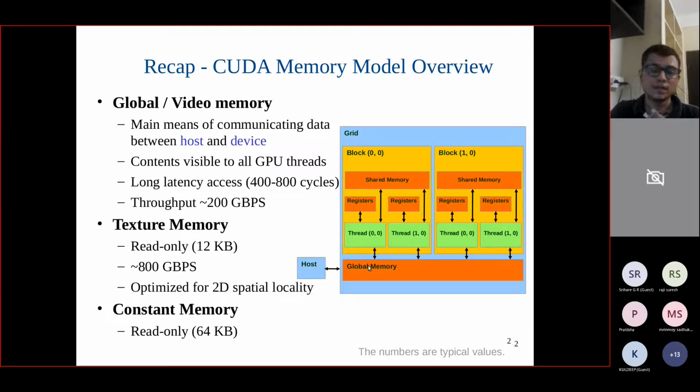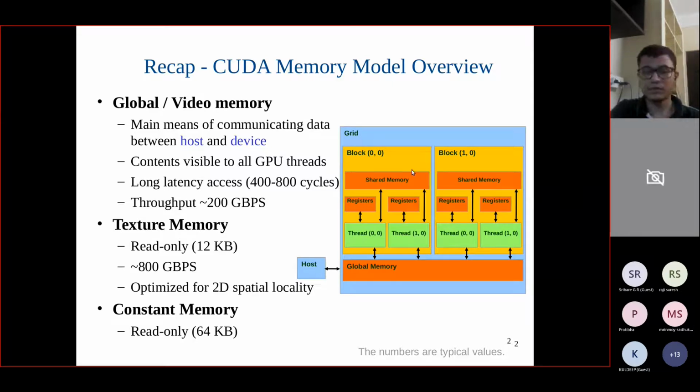If you observe one thing here, this memory hierarchy is very similar to the computational hierarchy that we saw. There is a thread, then it's within a thread block, and at the top level we have the grid. The key advantage of such a hierarchy is that if we are aware of it, we'll be able to exploit it to get more performance out of our applications.